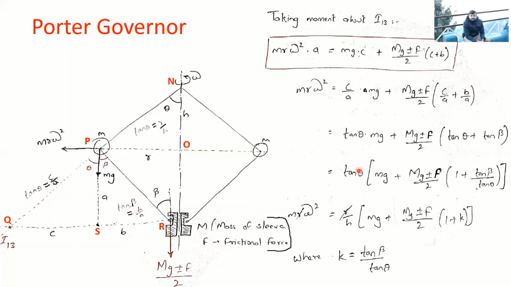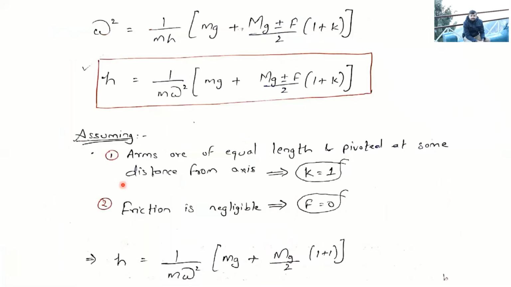So that tan theta is replaced by r by h, and hence in the LHS we had m r omega square. So this r and this r get cancelled, and hence we get this equation: omega square is equal to 1 upon m h. The m over here came in the RHS.